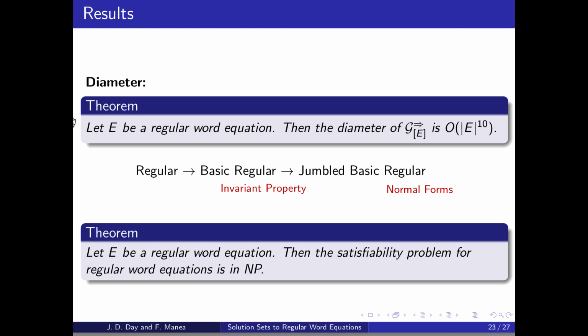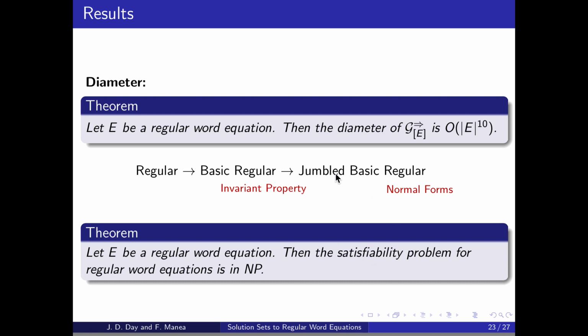So the first result that we have is concerning the diameter. This is arguably the most important one. If we have a regular word equation E, then the diameter of these length-preserving components will be polynomial in the length of the equation. And the way that we achieve this is through a pair of reductions, firstly from regular equations to something called basic regular equations, and then from basic regular equations to jumbled basic regular equations.